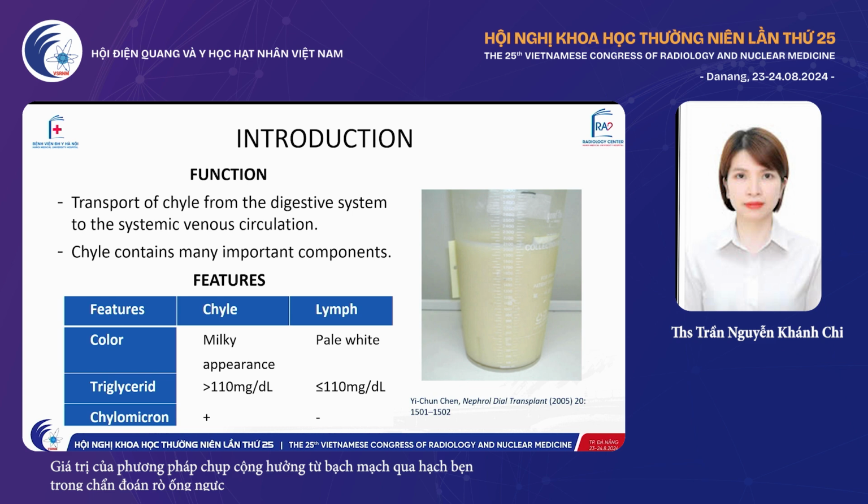This is a table that helps us distinguish chyle and lymph fluid. Chyle is characterized by a milky appearance with a triglyceride concentration above 110 milligrams per deciliter. And the gold standard test is lipoprotein electrophoresis for chylomicron in the fluid.